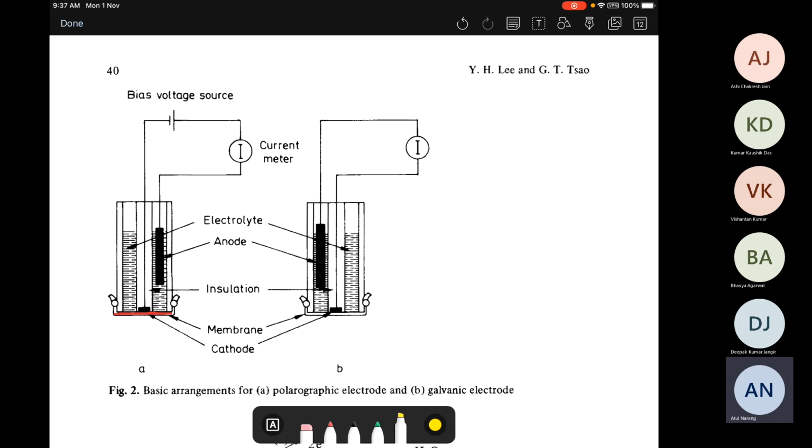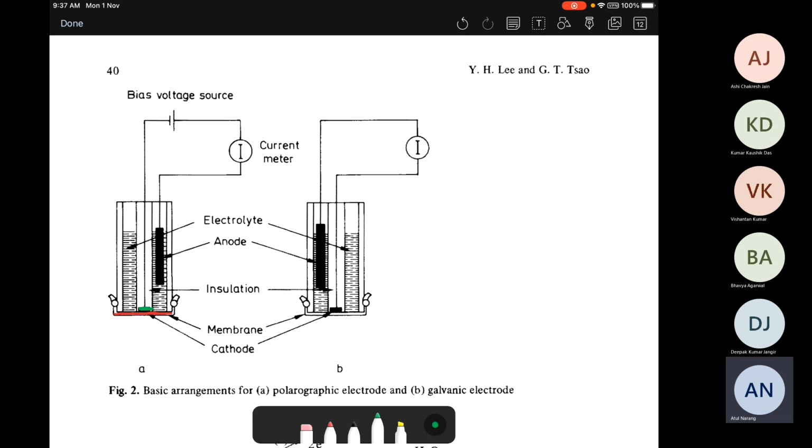It's a very small cylindrical device. Let's try green. So this disc here, which I have labeled in green, is the cathode. It's made of platinum, and how it works, I'll show you in a minute.